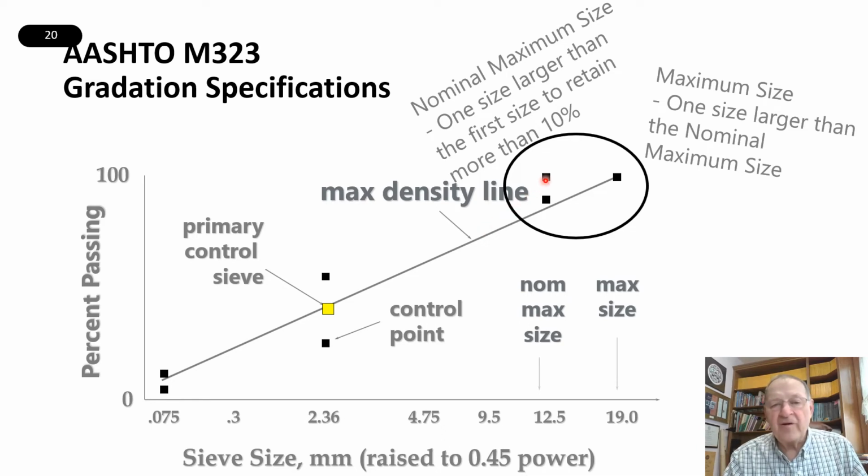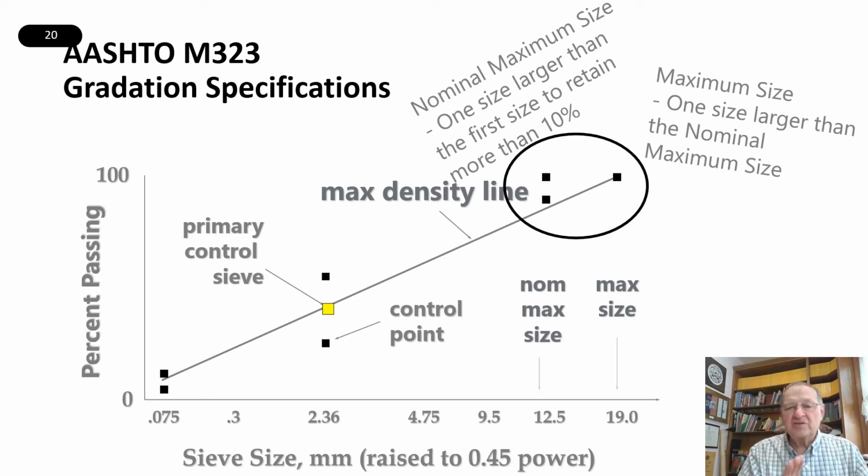Now, what if the percent passing the 12.5 is 100%? Well, the nominal maximum size is still 12.5, and the maximum size is still 19.0, even though there is no material between the 19.0 and the 12.5. So be careful that you don't get fooled that way.